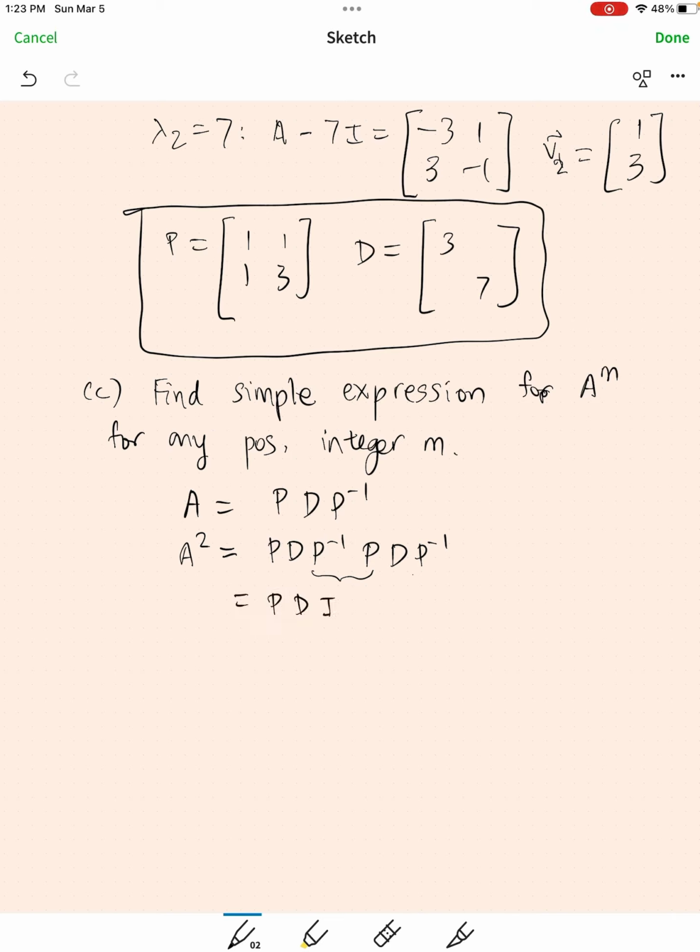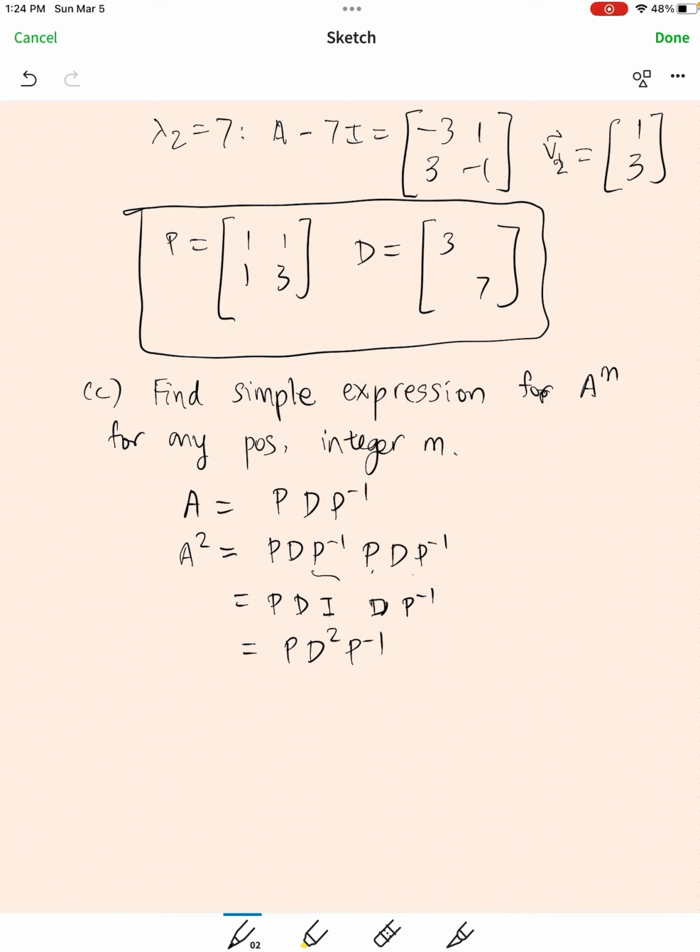Times D times the identity times D times P inverse. And when you multiply a matrix by the identity, that doesn't change it, right? So this is going to be P times D times D times P inverse. Well, D times D is D squared. So A squared is P D squared P inverse.